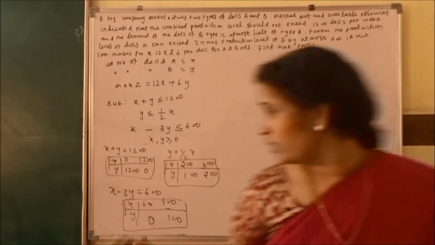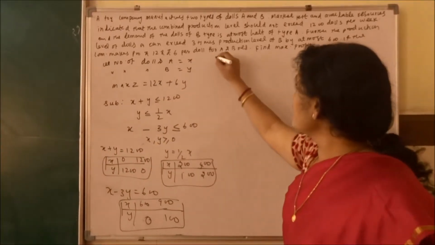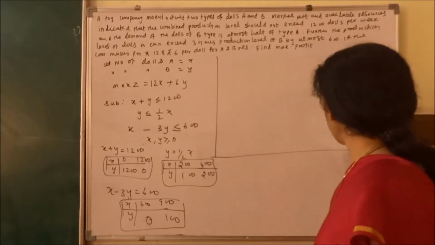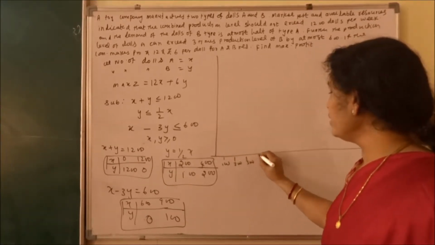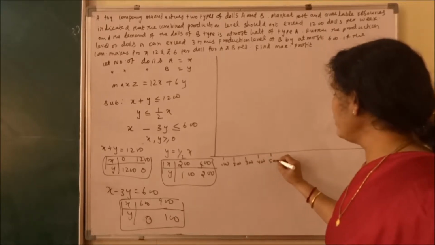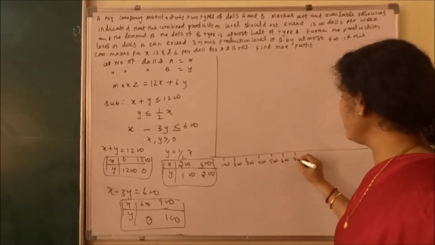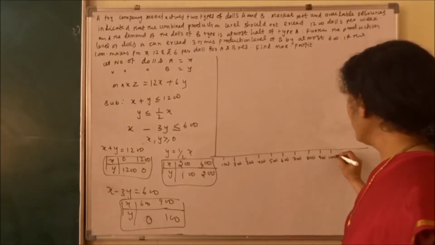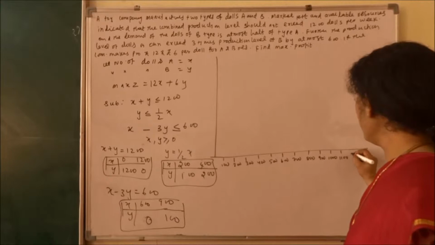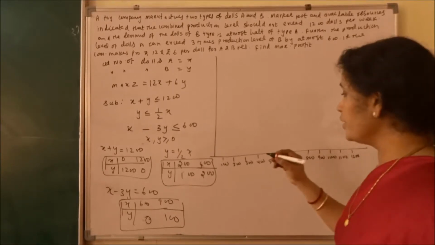Now I am going to draw the diagram. Clear to you all? Now see, I am taking the graph with 100, 200, then 300, 400, 500, 600, 700, 800, 900, 1000, 1100, and then 1200. Up to 1200 you require.